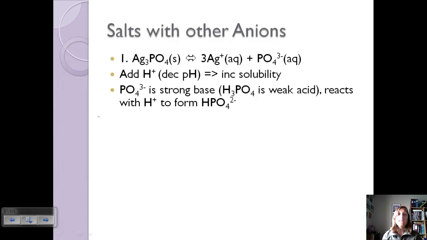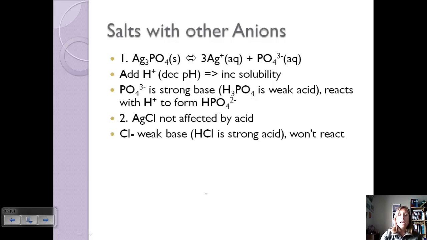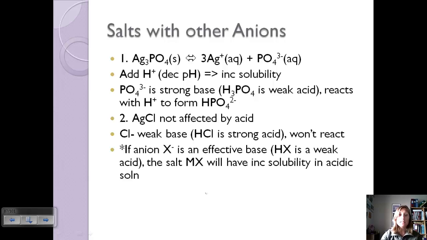And so if it's going to react, it's going towards the products and increasing solubility. If we look at another salt, silver chloride is not affected by acid, and that's because the Cl- is the conjugate base of a strong acid, so it's a weak base, so it's not going to react.